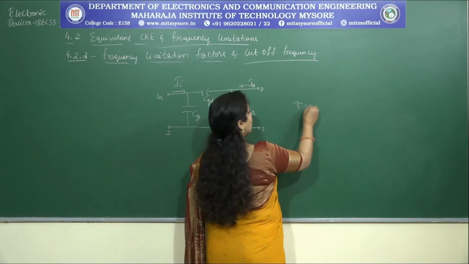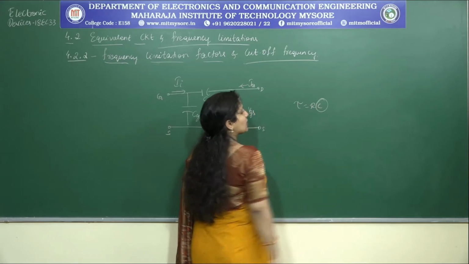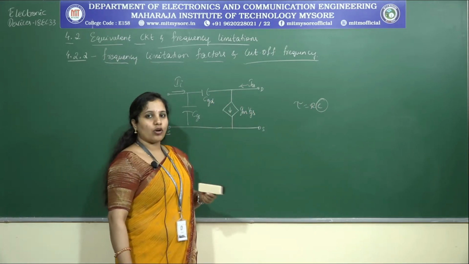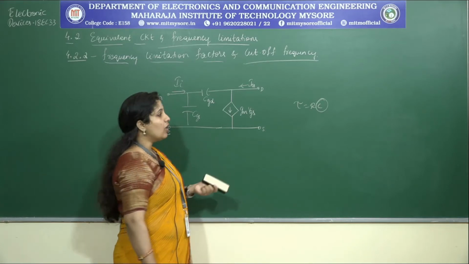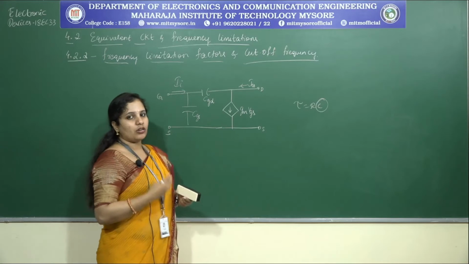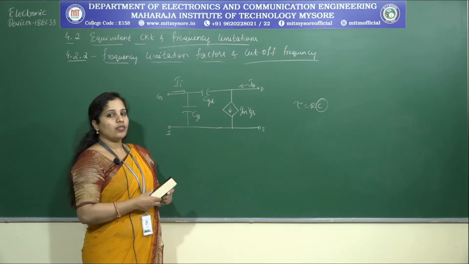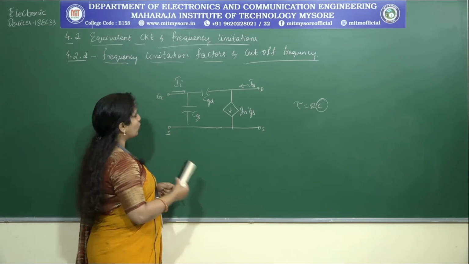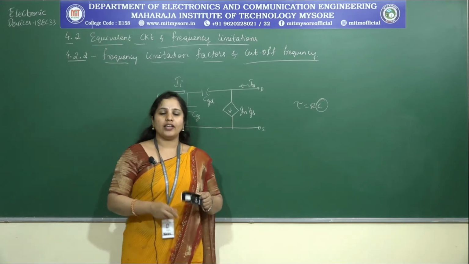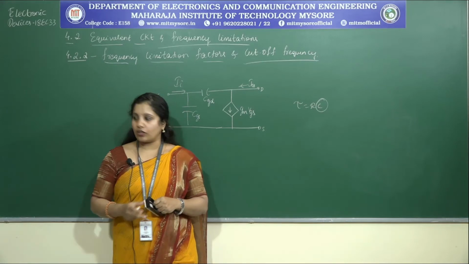We know tau is equal to RC, right? As the capacitance charging time increases, what happens to the delay? Even that will increase, which in turn will alter the operation of the particular JFET that I am considering. Therefore, it is very important for me to look into the charging time of the capacitors. Yeah, and that is the second limiting factor.